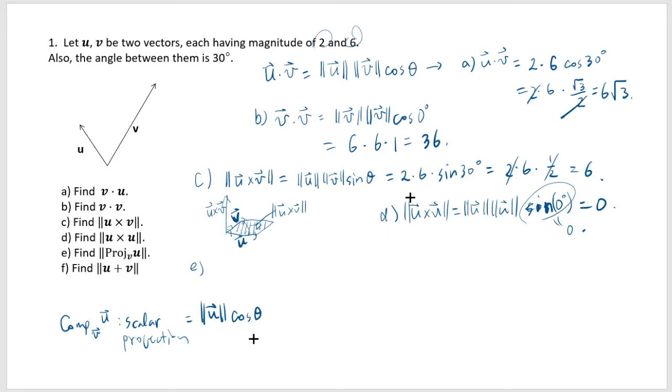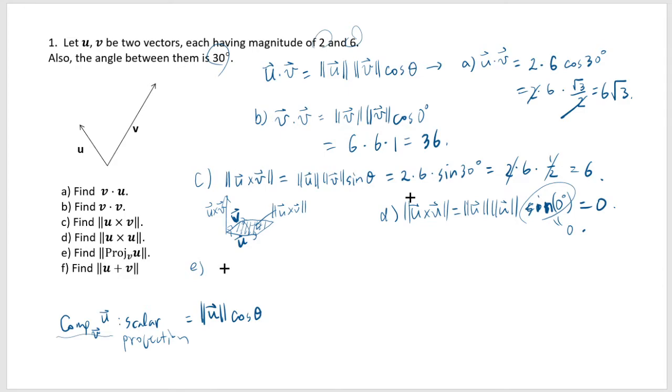So that's the scalar projection. The difference between the norm of the vector projection and the component is that norms are never negative, so this value will always be positive, but in the component, the scalar projection, if u and v are more than 90 degrees apart, cosine of angle bigger than 90 degrees gives you a negative number, so sometimes components can be negative. But in our case, the angle is 30 degrees, so basically the component is the same thing, so this is what you want, okay?